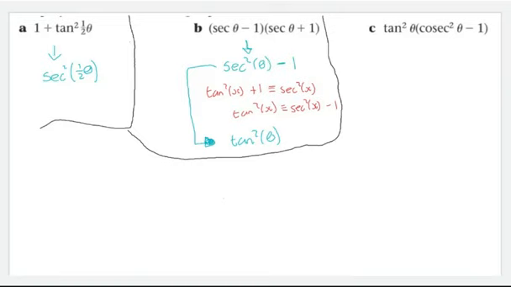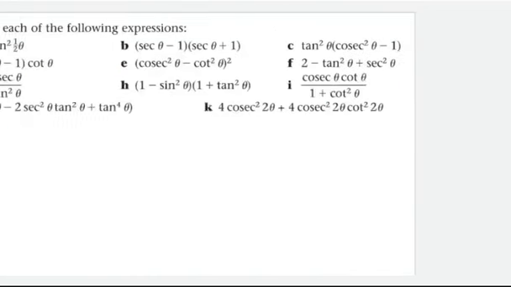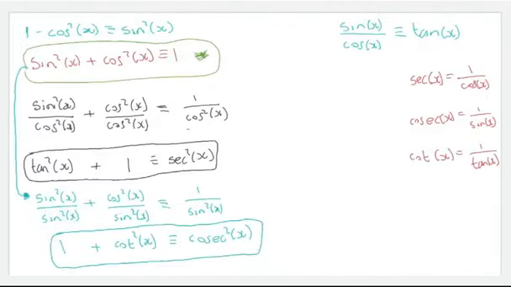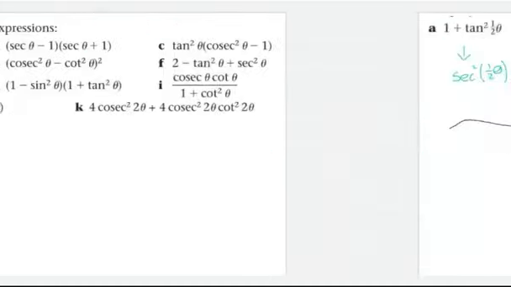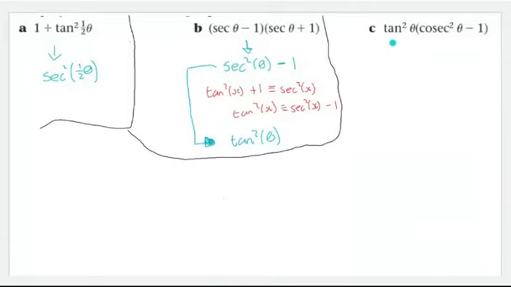Or 1 plus cot squared x. Yeah, that probably is going to help us more because we're using the identity. We know that 1 plus cot squared x is identical to cosec squared x. So I can rewrite this as tan squared theta multiplied by 1 plus cot squared theta. That's replacing the cosec squared theta. And you've got the minus 1.